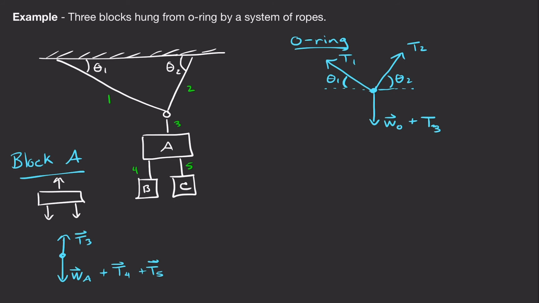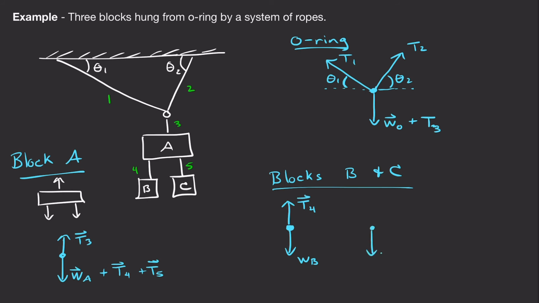Okay? And then if we look at blocks B and C, they're going to look very similar, so we'll do them together. Block B has its weight going down, and then aside from its weight, it only has one other force making contact with it, and that is the tension in rope 4. It's pulling up.